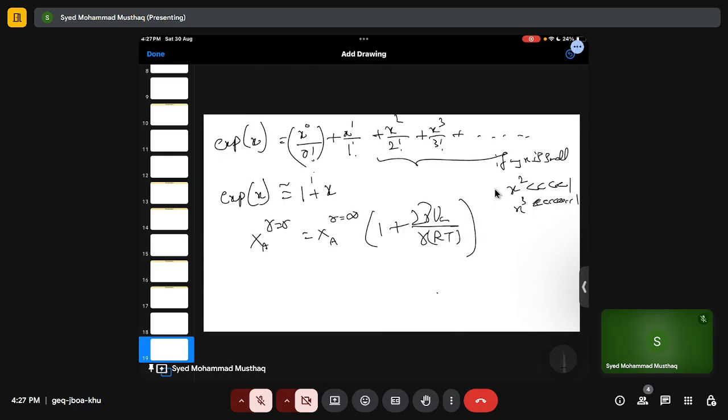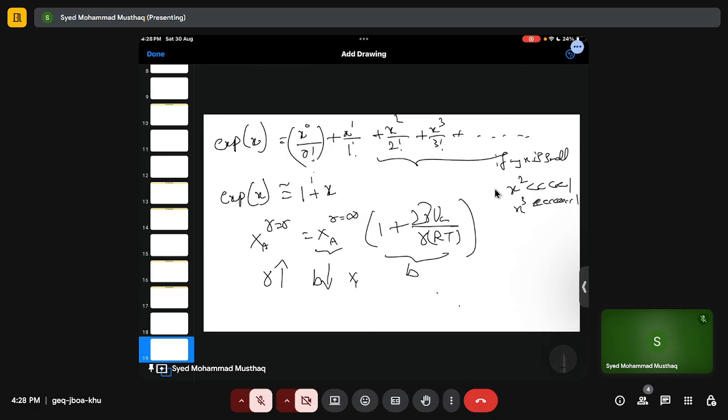Okay, so if my nanoparticle radius increases, let's put this term, which is constant and does not change, as b. If my R increases, then what happens to b? b will decrease.